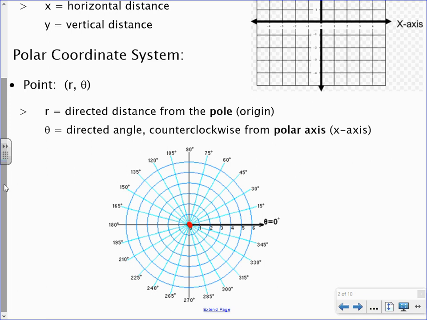Instead of having the grid lines that are vertical and horizontal, we have rotational grid lines where we move out the distance of r and then we can rotate our angle. The ones on your piece of paper have nice 30, 45, and 60 degree angles. So those can help you as you plot the coordinates.